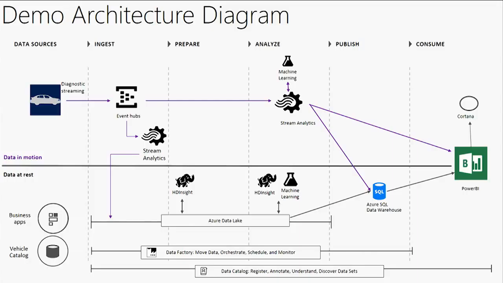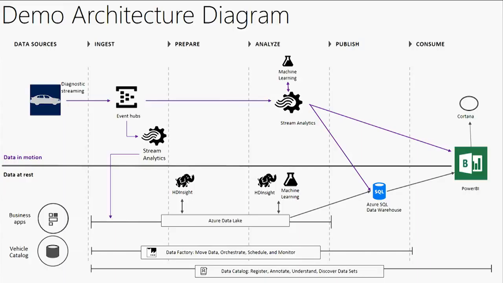So we've got Stream Analytics that is feeding data into a machine learning algorithm, and at the same time, we've got Stream Analytics that is taking this data, doing aggregation on it, and writing both the aggregated data and possibly the full data set as well into persistent storage for later downstream batch processing.